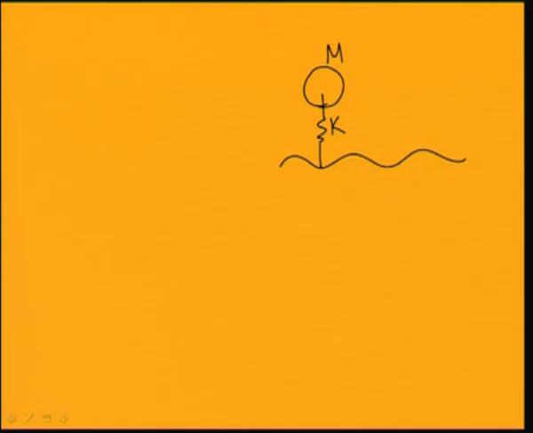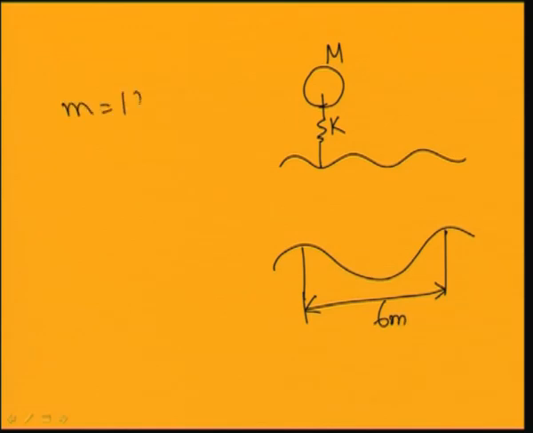This is the wavelength of the wavy road, let the wavelength be 6 meter, the mass of the vehicle 1200 kg, the velocity of the vehicle 50 kilometer per hour, and the damping factor zeta equal to 0.5.